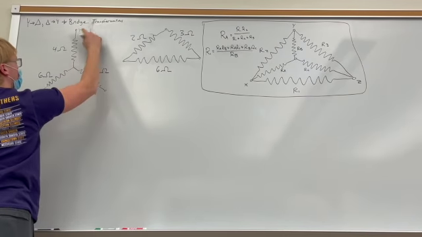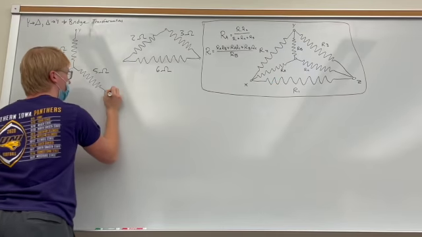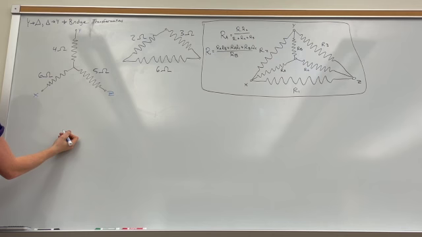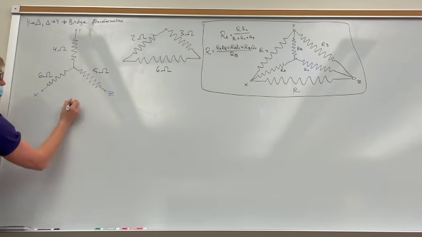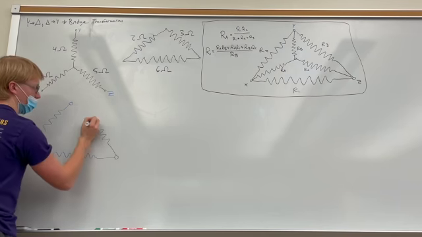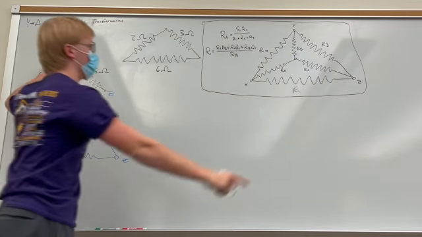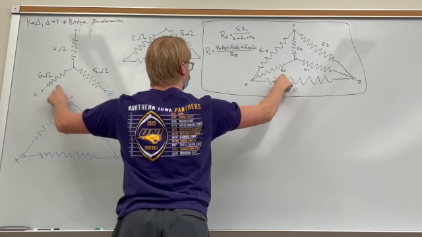That point right there is at Y. That point down there is my Z. And that point right there is my X. And so the ending picture: this is my RB, this is my RC, and this is my RA.